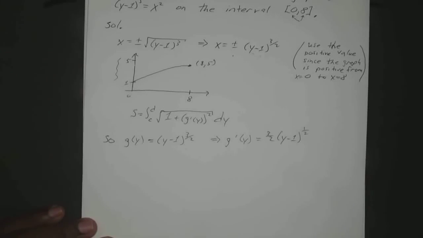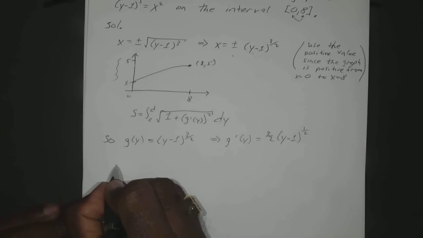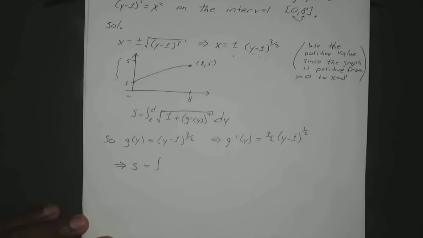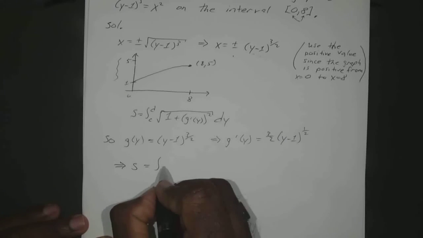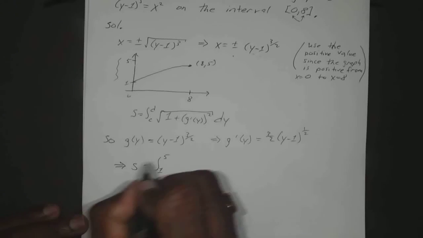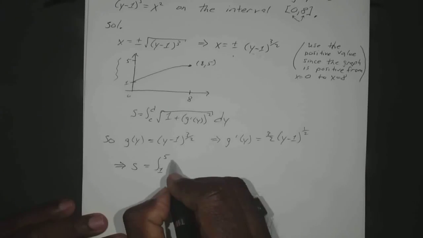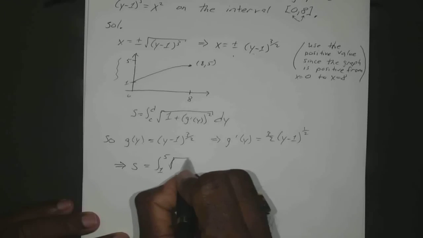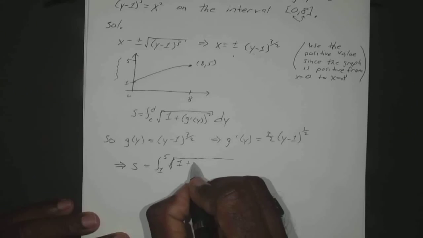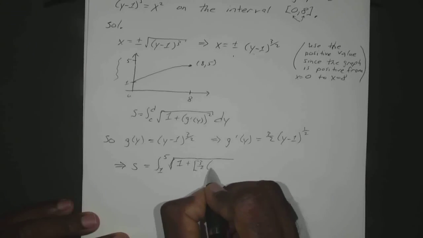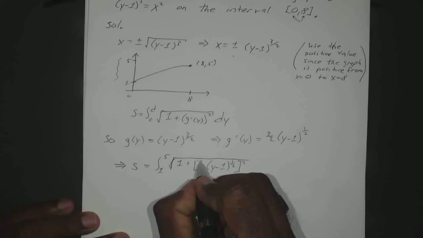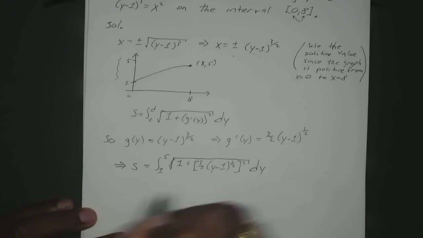Okay, so if we plug this into our formula, we end up with our arc length is equal to the integral from 1 to 5 of the square root of 1 plus 3 over 2 y minus 1 to the 1/2 squared with respect to y.